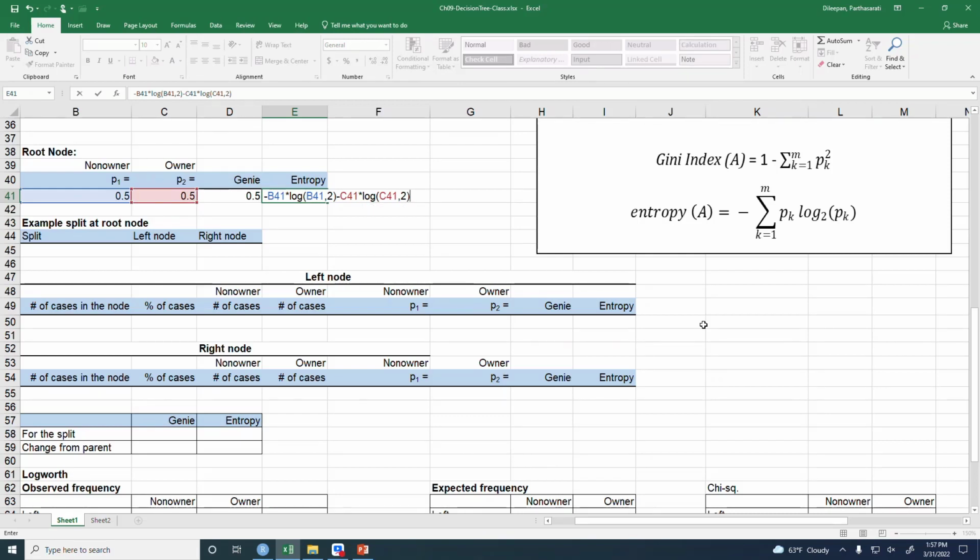Now, the maximum value for entropy is 1.